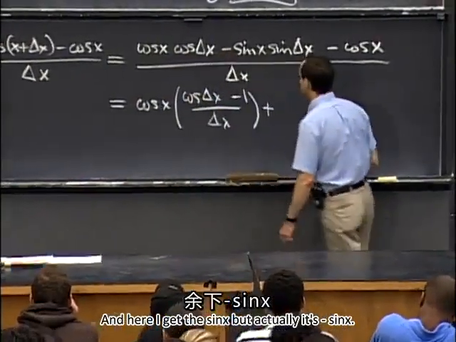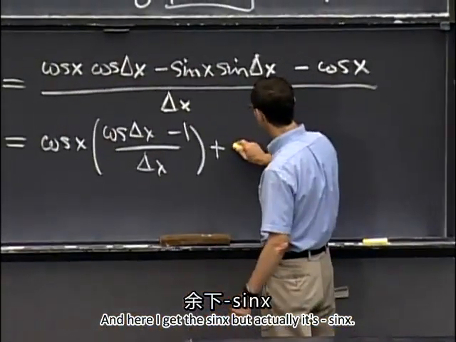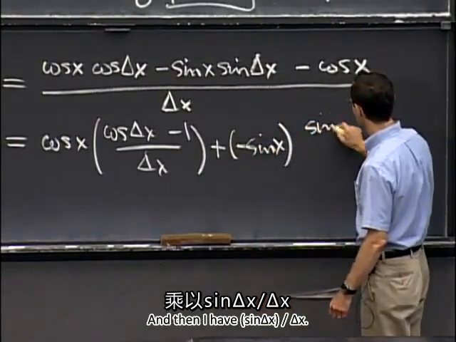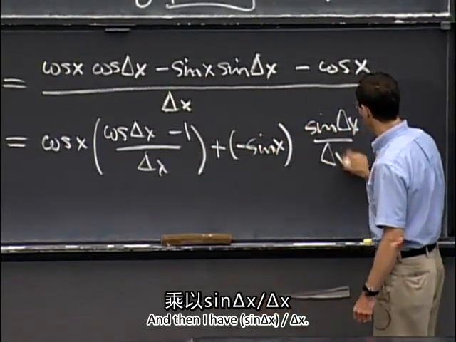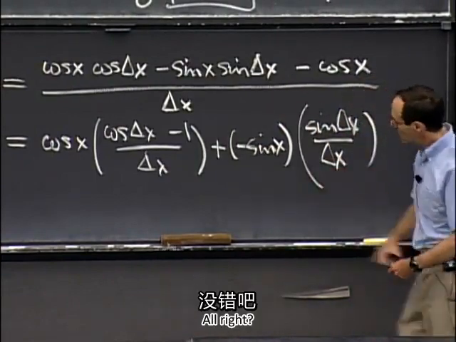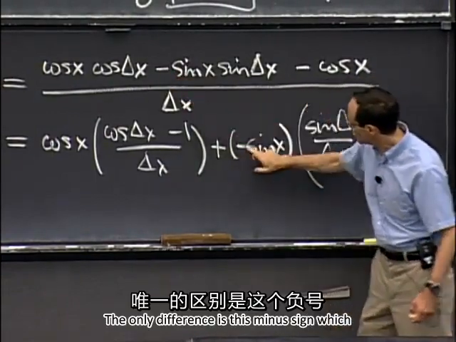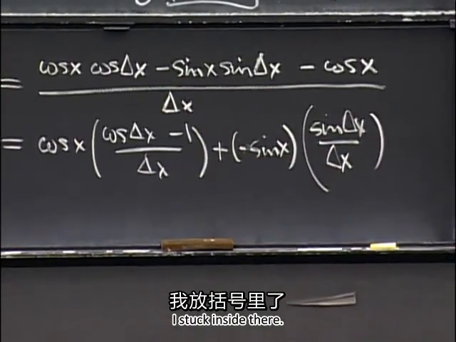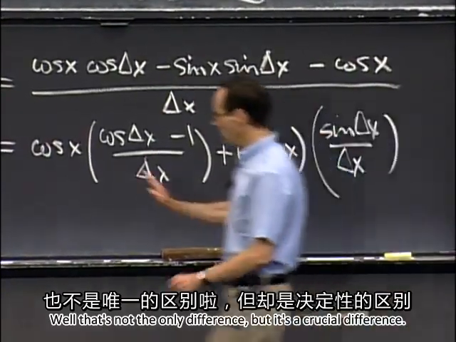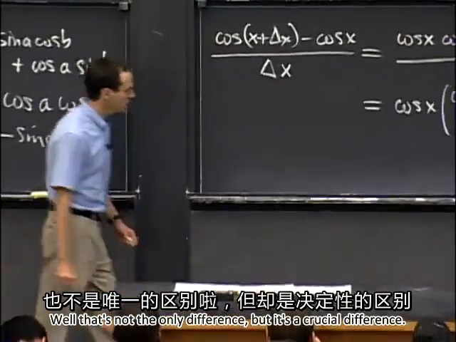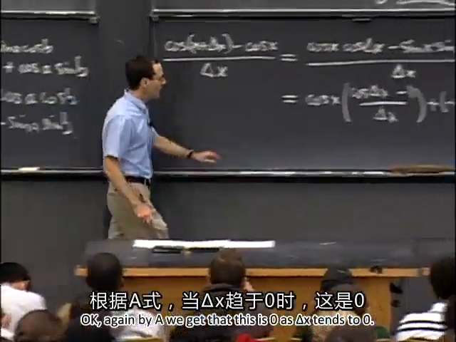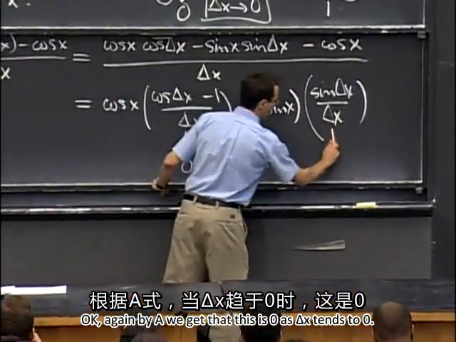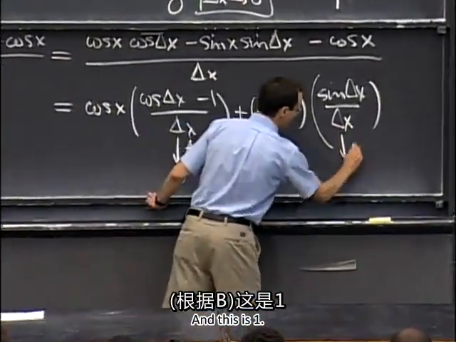And here I get the sine x, but actually it's minus sine x. And then I have sine delta x divided by delta x. All right? The only difference is this minus sign, which I stuck inside there. Well, that's not the only difference, but it's a crucial difference. Okay, again, by A, we get that this is 0 as delta x tends to 0, and this is 1.